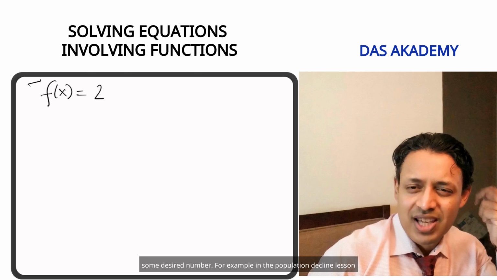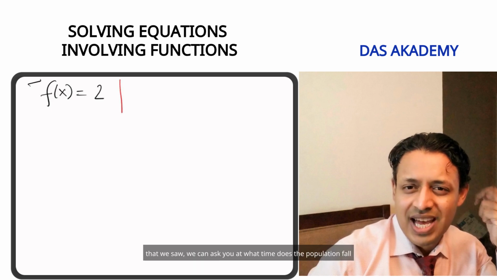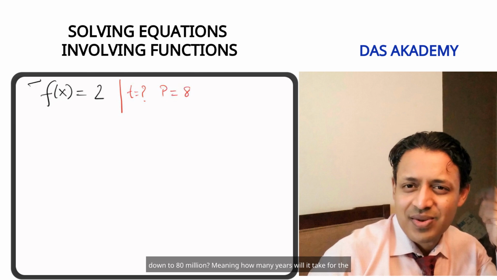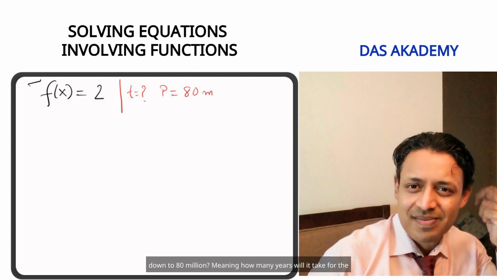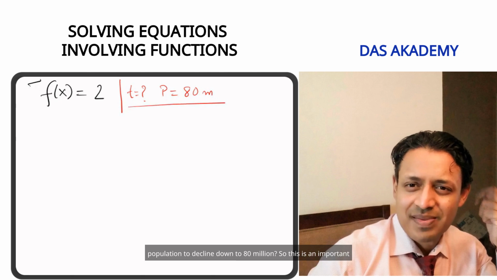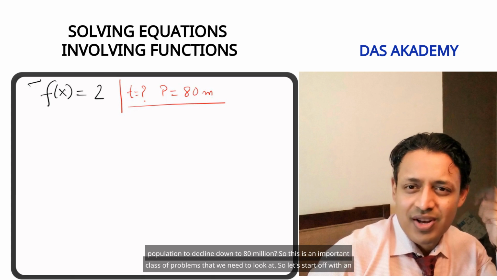For example, in the population decline lesson that we saw, we can ask, at what time does the population fall down to 80 million? Meaning, how many years will it take for the population to decline down to 80 million? So this is an important class of problems that we need to look at.